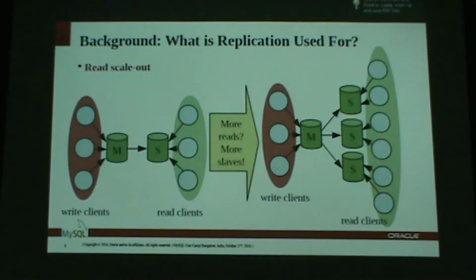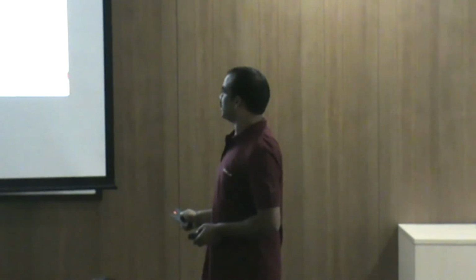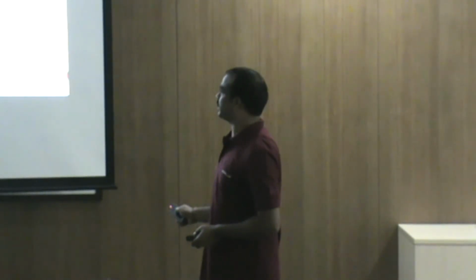In real time, there are more people viewing the data than people actually updating it. So obviously you want to scale out the reads. In that case, you add many slaves, and then you have, how many now? Six clients. So it's a kind of read scale out. That's another purpose.